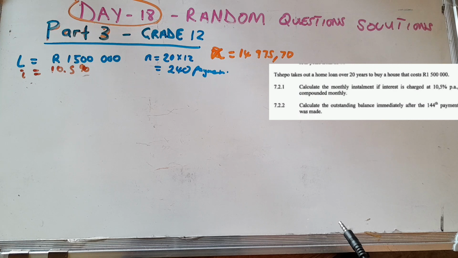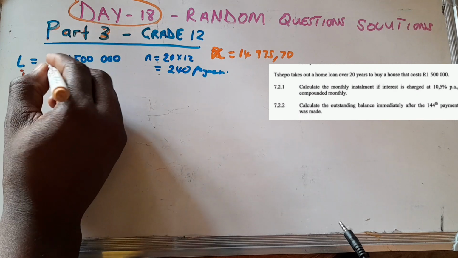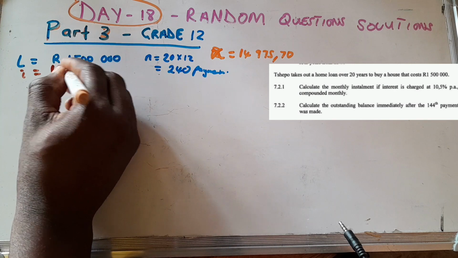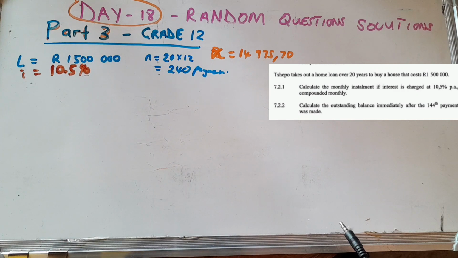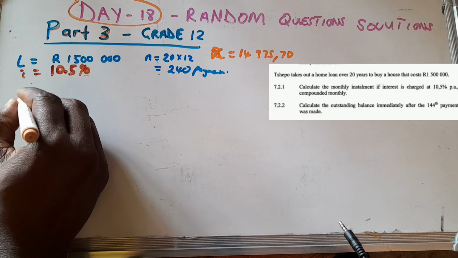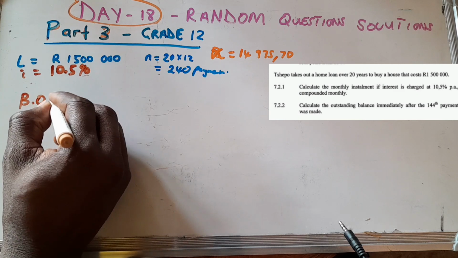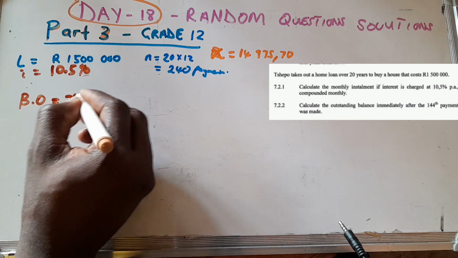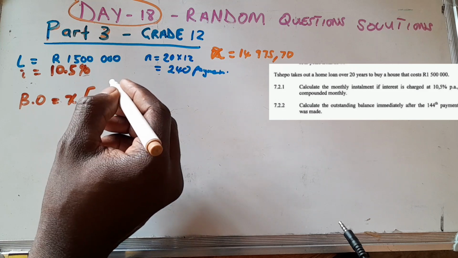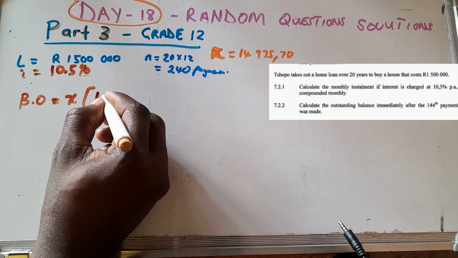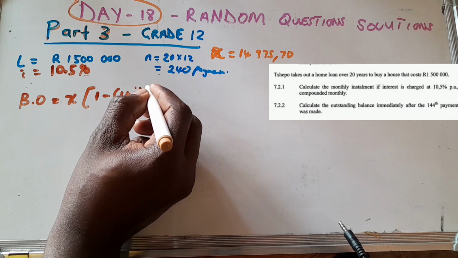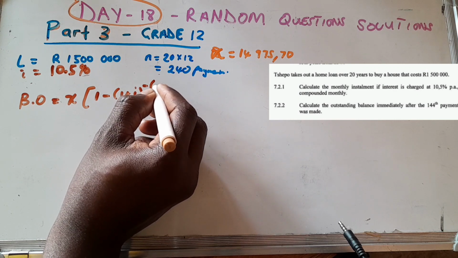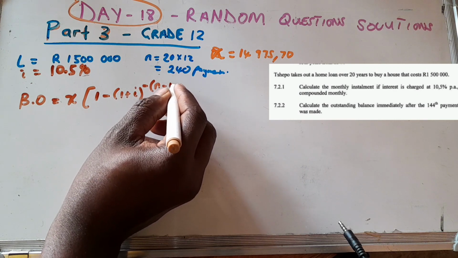Just take a look at what you're going to do now, right? So the first one says that balance outstanding is equal to x, and then we say 1 minus 1 plus the interest, to the power minus n minus k.